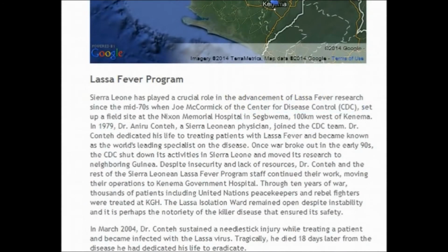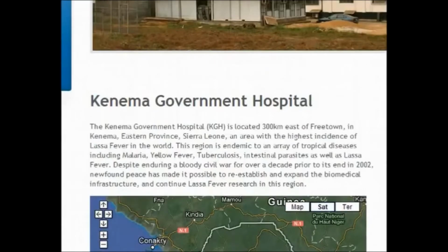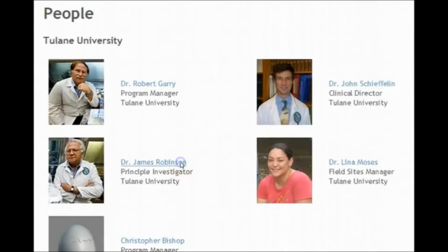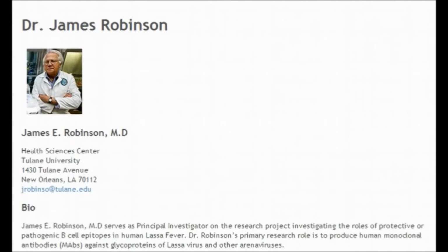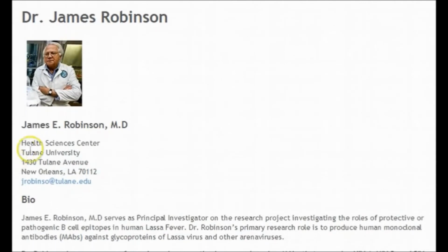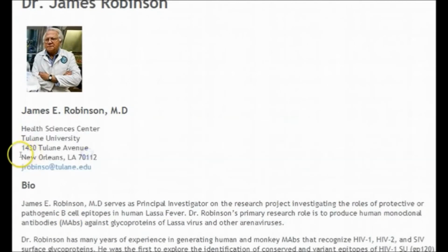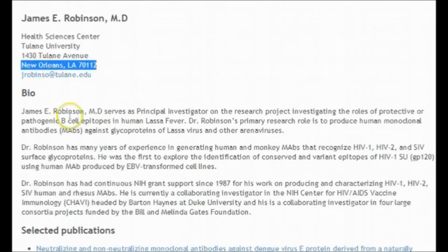Now, let's check out some of these doctors that are with this organization. All right, here's our first one, Mr. Robinson. Let's check you out, buddy. First they create it, and now they're going to let it loose. All right, so here's a little information on him. New Orleans. Okay. Bio.